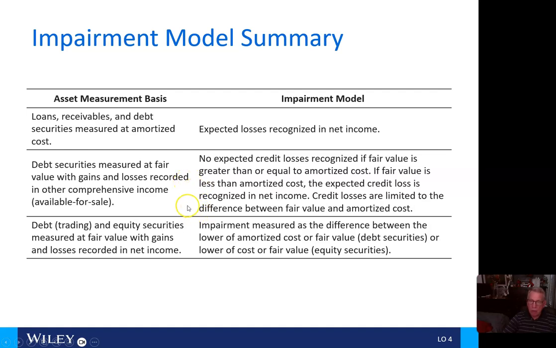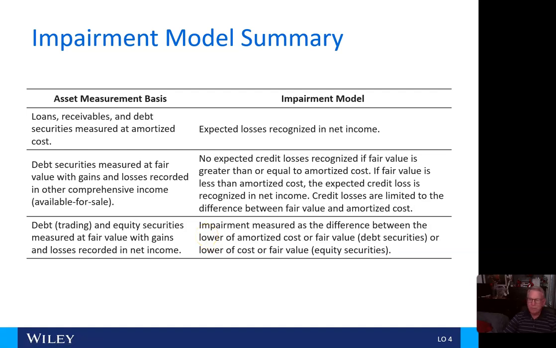If the fair value is less than amortized cost, the expected credit loss is recognized in net income. Credit losses are limited to the difference between fair value and amortized cost. And finally, our debt or trading and equity securities measured at fair value with gains and losses recorded in net income. So the impairment model measured as the difference between the lower of amortized cost or fair value for debt securities, or lower of cost or fair value for equity securities.